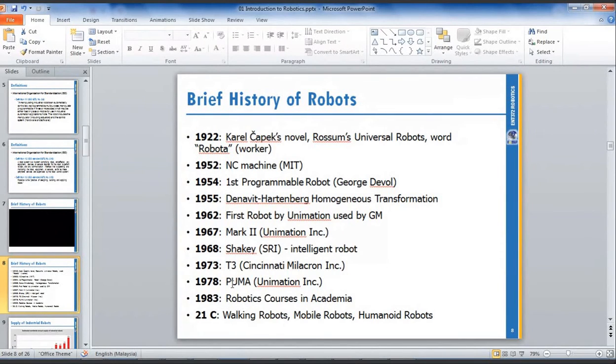Then 1978, Umar. And then now in the 20th century, we have a working robot, mobile robot, humanoid robot. So a lot is coming on the real AI robot in the 20th century.